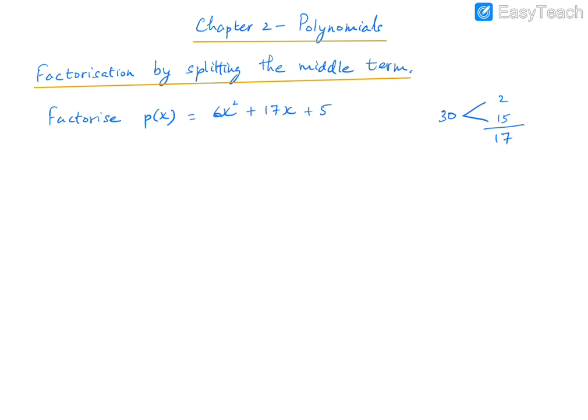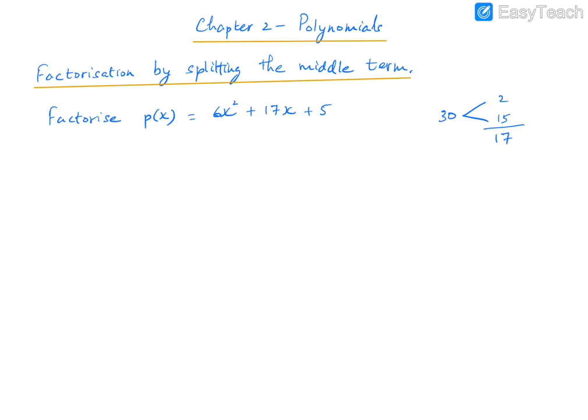The two numbers that we split into should add up to the middle term, and their product should equal the product of a and c. In this case, a and c are 6 and 5, so the product is 30, and 2 into 15 is 30. So we will split the middle term as per these two numbers, 2 and 15.